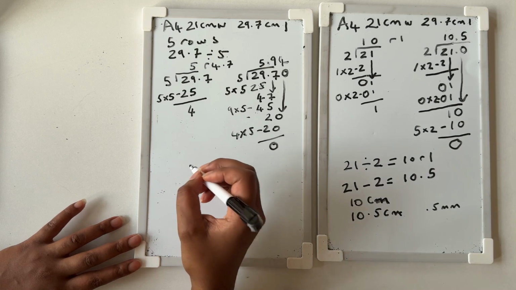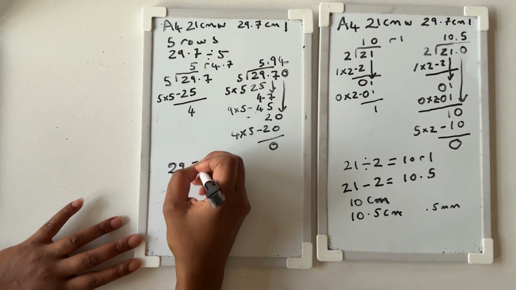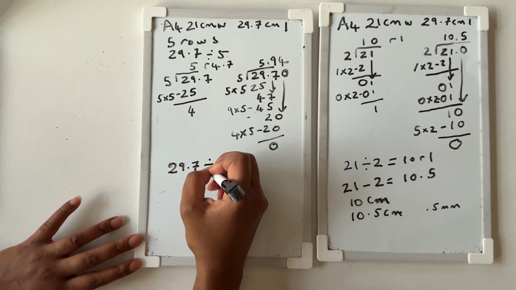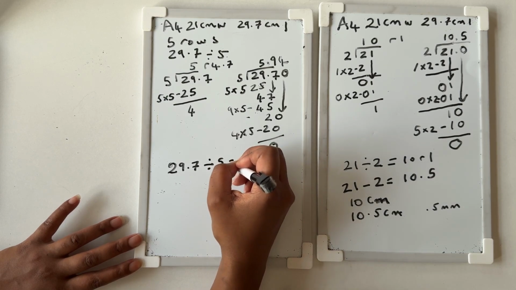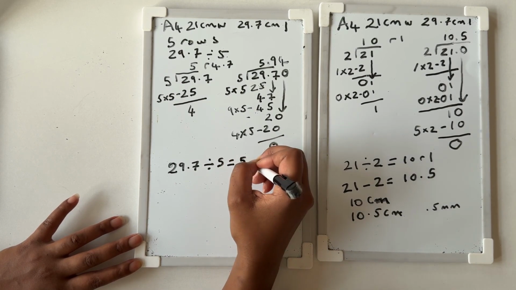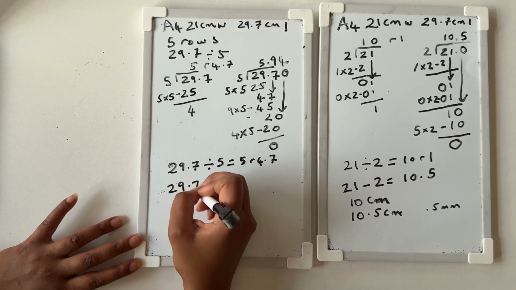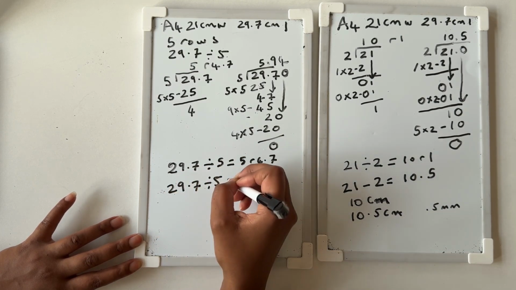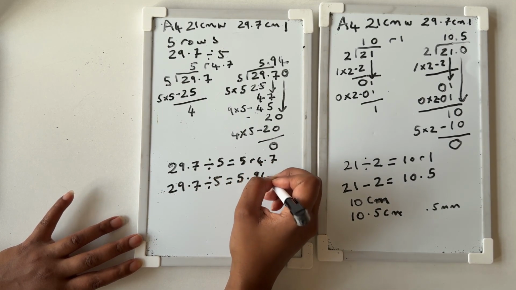So you could either have 29.7 divided by 5 equals 5 with a remainder of 4.7, or 29.7 divided by 5 equals 5.94.